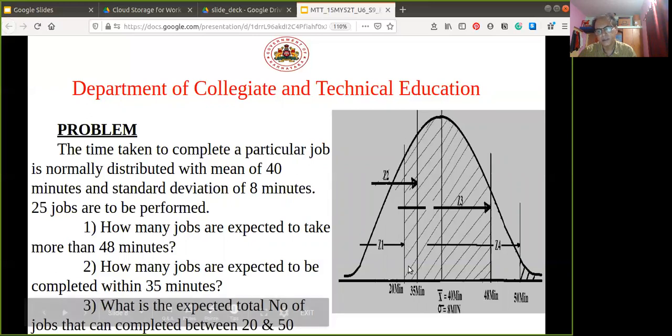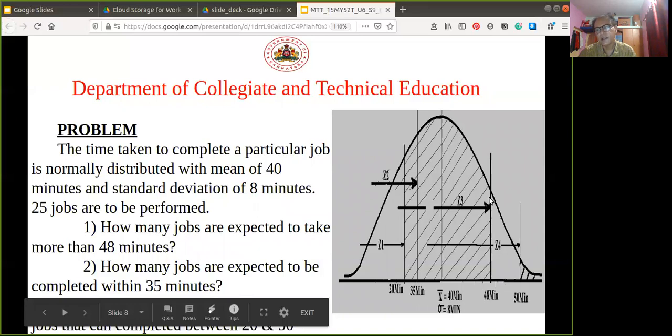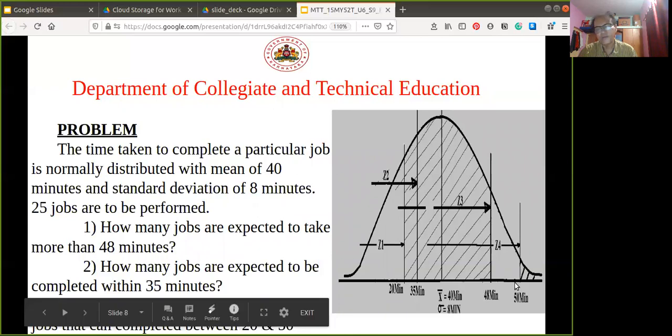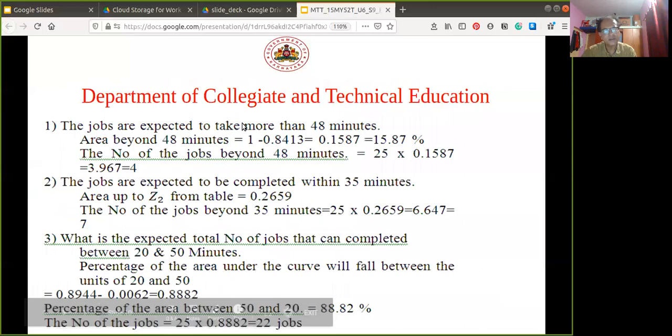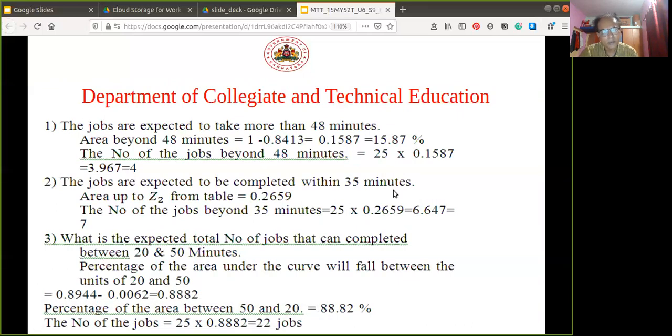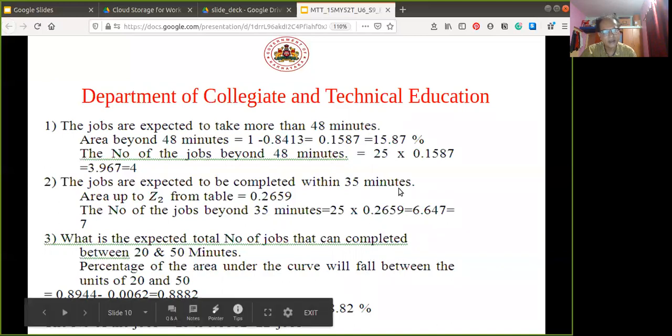So this much area gives the number of jobs taking time between 20 minutes and 50 minutes. When you go to the problem, see there, what are the jobs that will be completed? I can say that the area up to 50 minutes minus the area up to 20 minutes will give the number of jobs. You can see here.